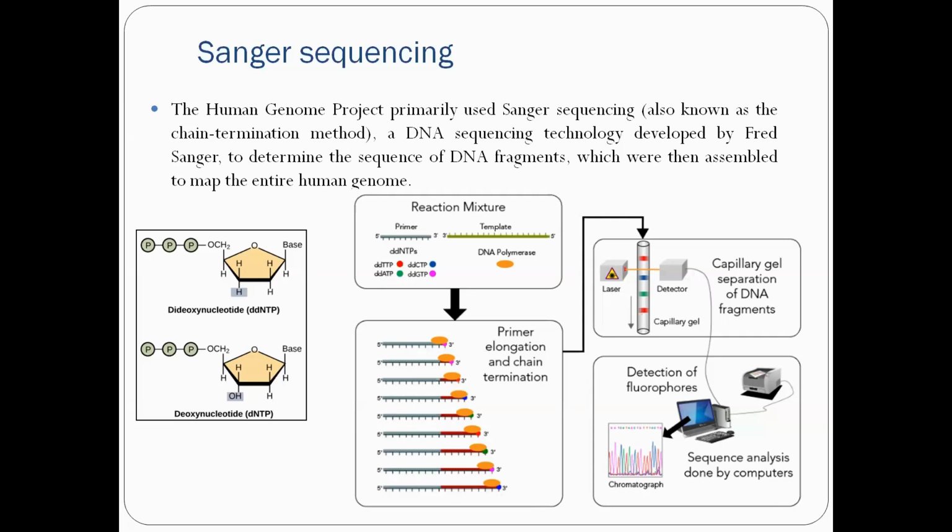But the structure of ddNTP or dideoxynucleotide is such that it will not allow any further dNTP to bind to it. So once ddNTPs get attached to any fragment of DNA, they will terminate the chain there only.